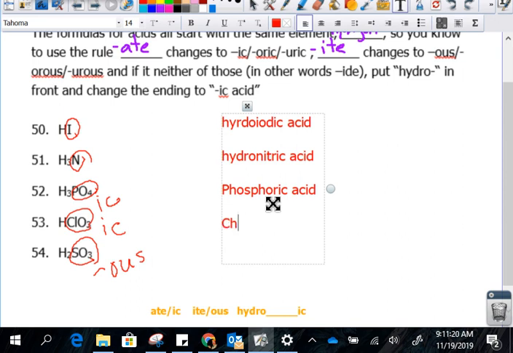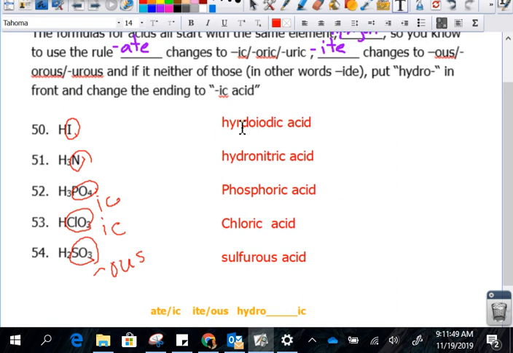So this one is chlorate. I'm going to drop the ate and replace it with an ic and acid. And the last one, on the back of my periodic table, is sulfite. And I drop the ite, and I can say sulfus, or sulfurous. And sulfurous is the commonly said way of it. Again, I'm happy with either one of those.